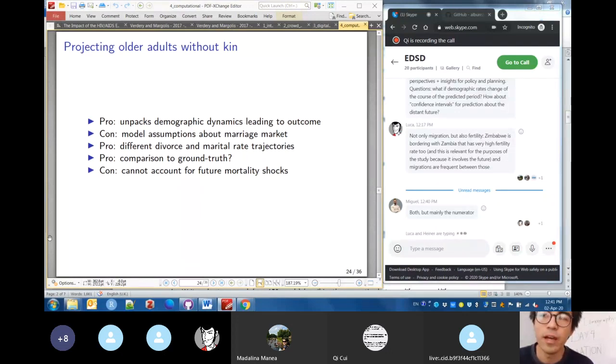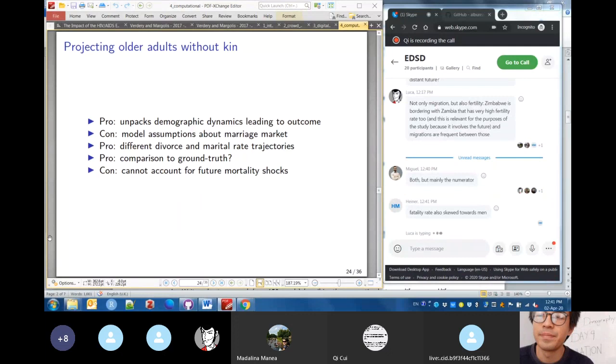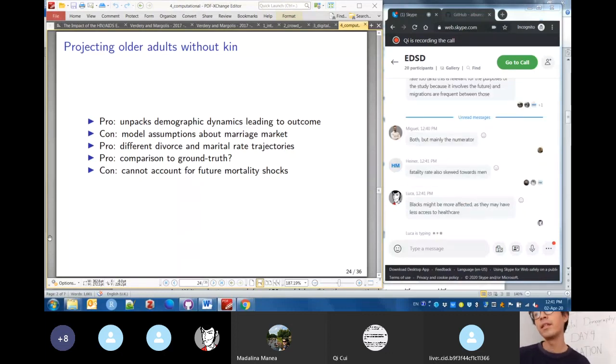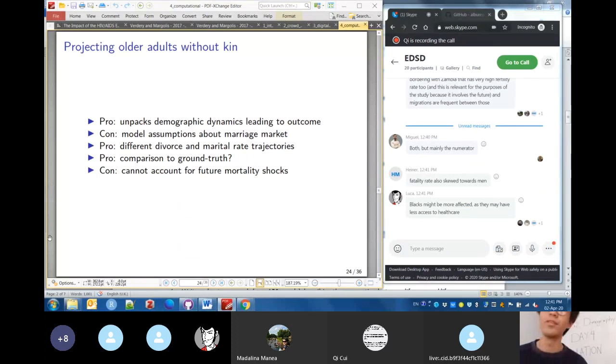And I see some people typing. Fatality rates skew towards men. That's correct. And then there's also the issue of unequal access to healthcare, like insurance, if you're speaking about the US.